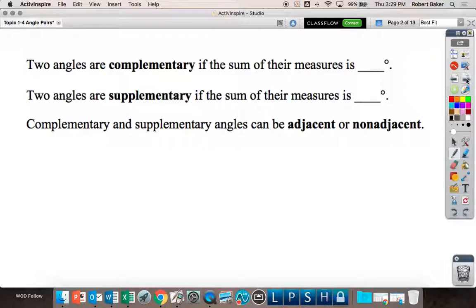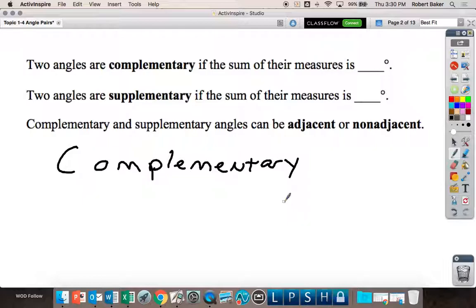Things that go together. So 2 complementary angles have to add up to a specific degree measurement. And here's how I remember that. It's kind of like a pick the definition.